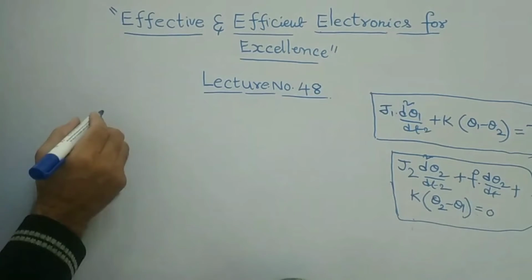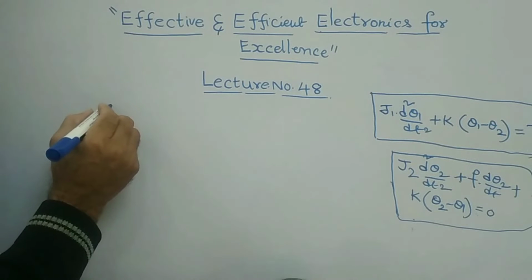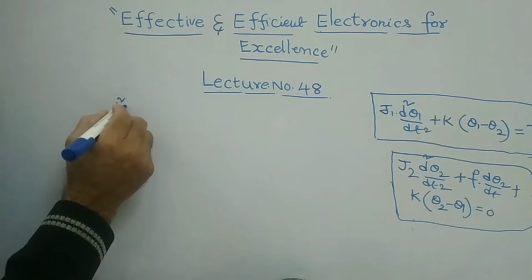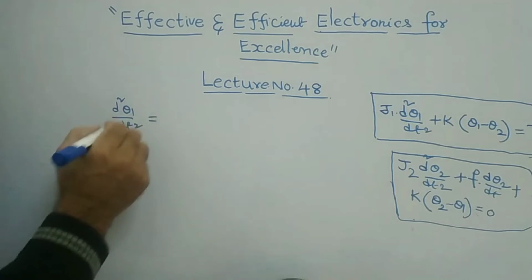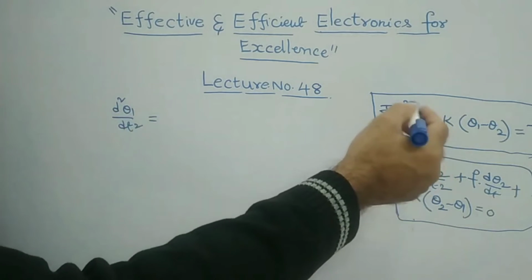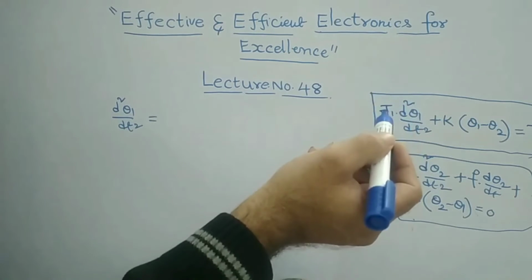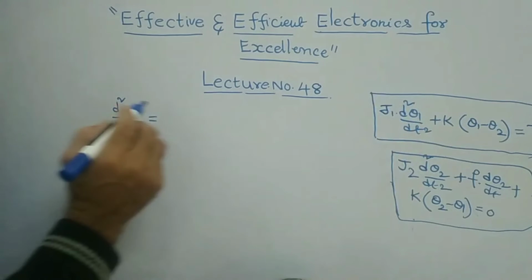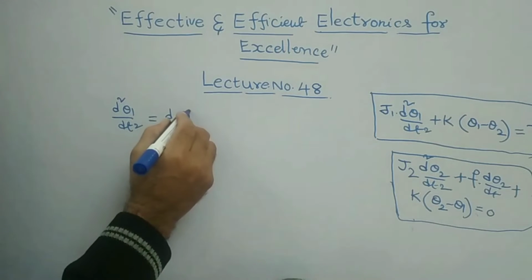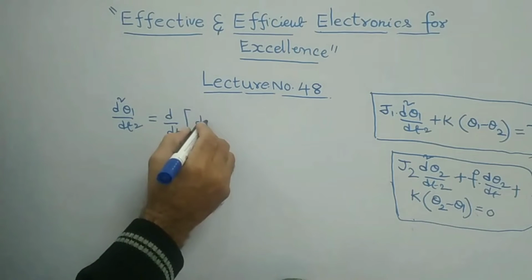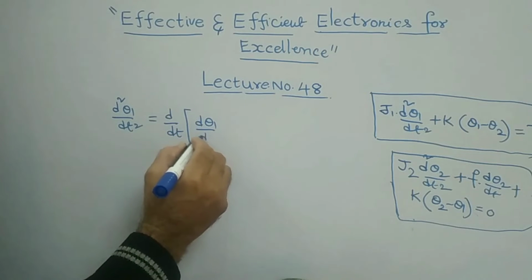I already explained that d square theta 1 by dt square will be converted. You must know how this can be converted into electrical. d square theta 1 by dt square can be written as d by dt of d theta 1 by dt.